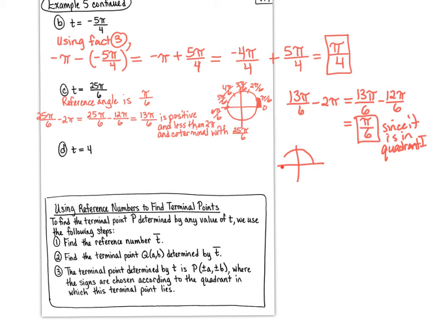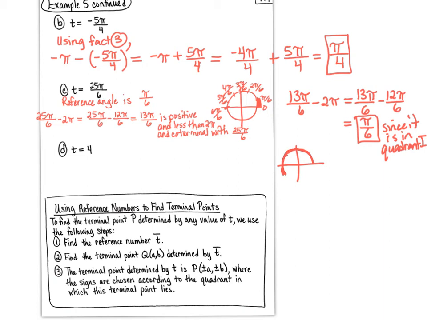Good. So you have pi is here, it's 3.14. 3 pi over 2 is 4.7 something. So that means that 4 would have to be somewhere in quadrant 3. Since we went in the counterclockwise direction, it's in quadrant 3.